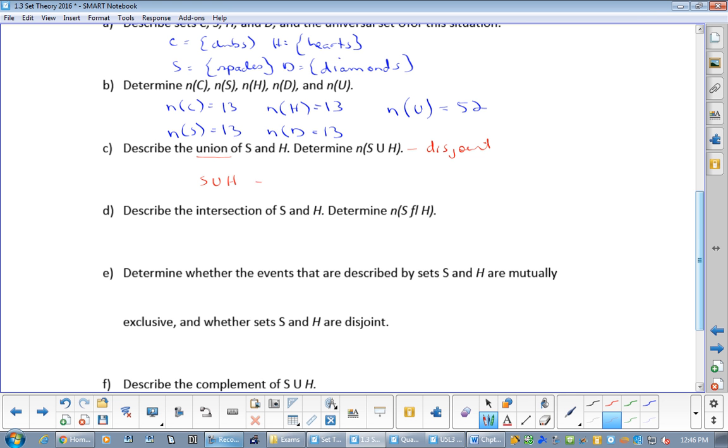These are disjoint, so we're going to translate it as spades or hearts. So how many spades or hearts are there? 13 plus 13 is 26.